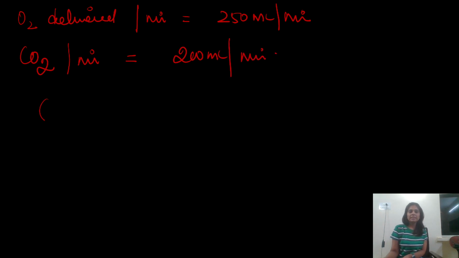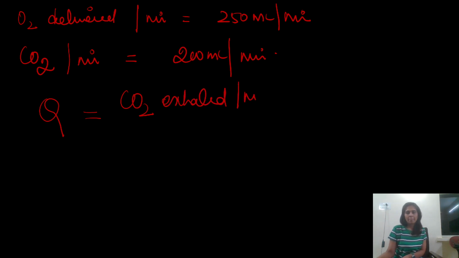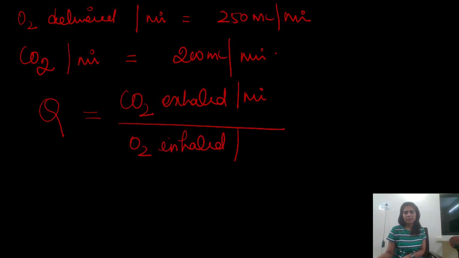Now what is respiratory quotient? Respiratory quotient is calculated as carbon dioxide exhaled per minute by oxygen inhaled per minute. You understand this? That way, what are you trying to calculate?